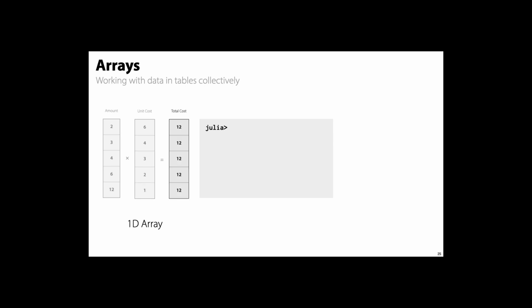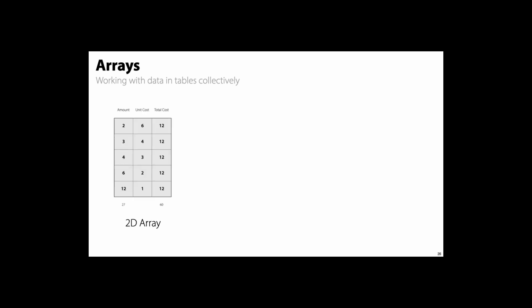And now, how do we get the total cost? Well, we could do the amounts, and then notice it says dot star. This is how you do an element-wise operation. If I only tried to do star, it would mean I was trying to multiply amounts with unit cost as if they were a single object. But with the dot star, I treat it as if there are multiple elements involved. And we get this result.